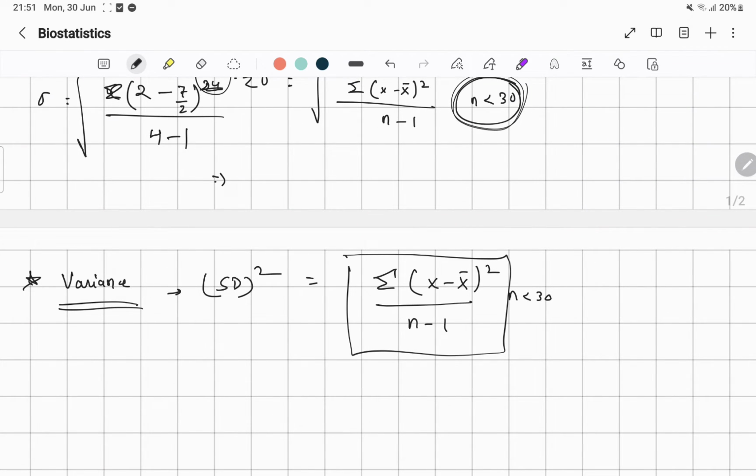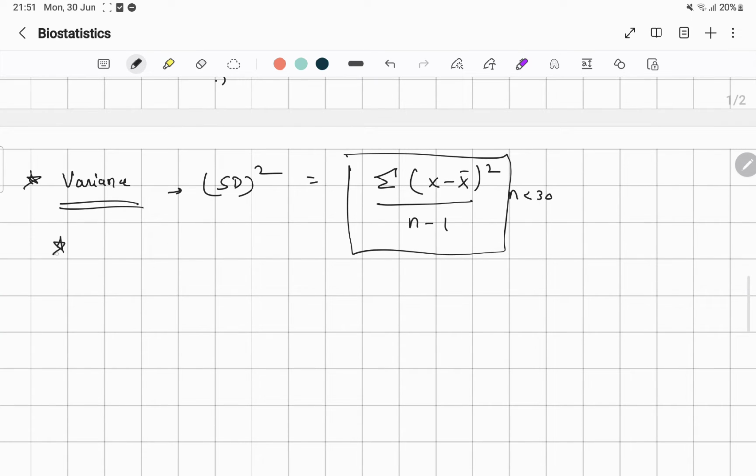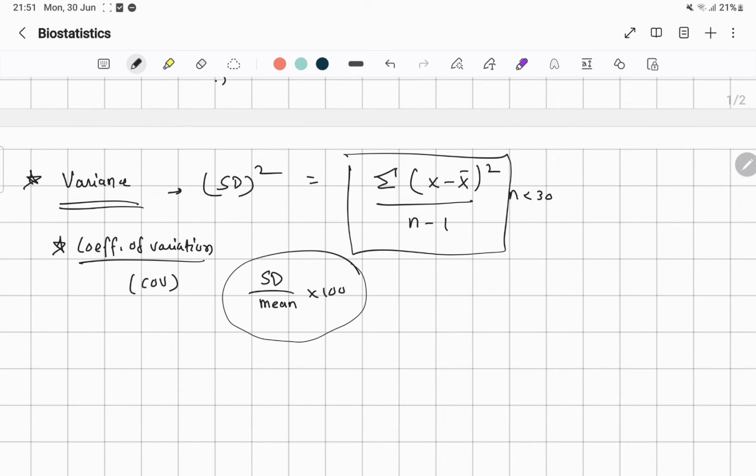We also have something called coefficient of variation. COV is basically SD by mean into 100. That is the coefficient of variation.